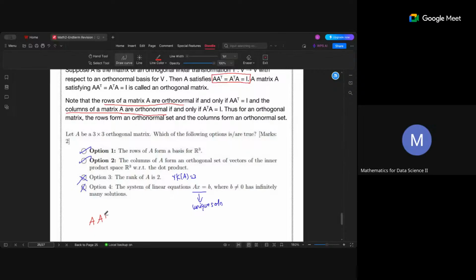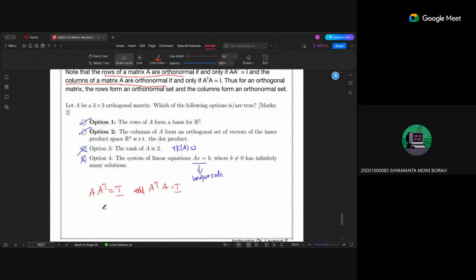You have A transpose equal to A inverse, so A times A transpose is the identity. So the determinant of A times the determinant of A transpose is the determinant of the identity, which is 1. The determinant of A transpose is the same as the determinant of A, so the determinant of A squared is equal to 1. This implies that the determinant of A is plus or minus 1.